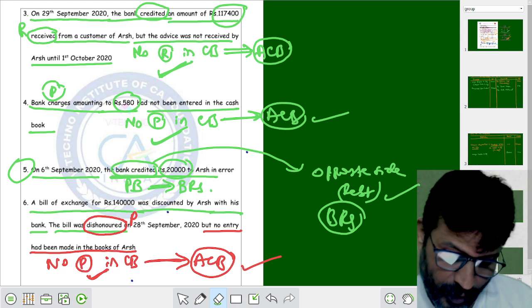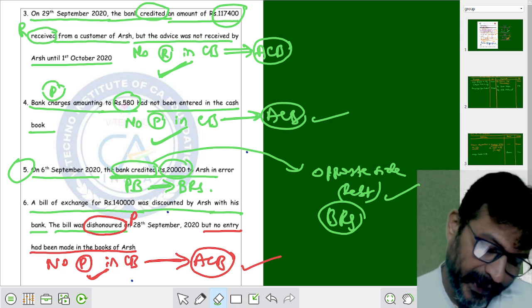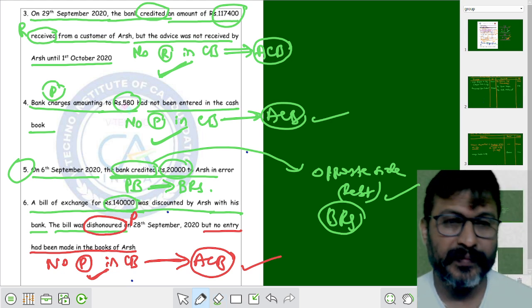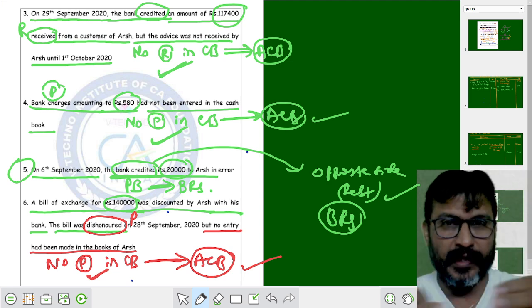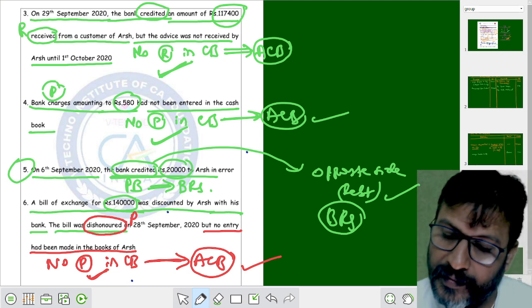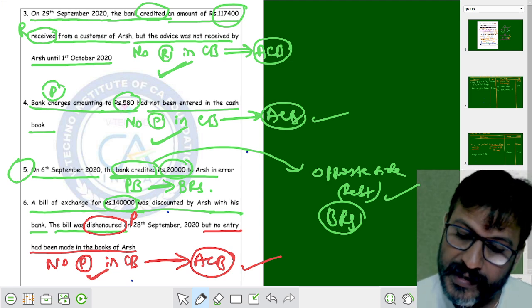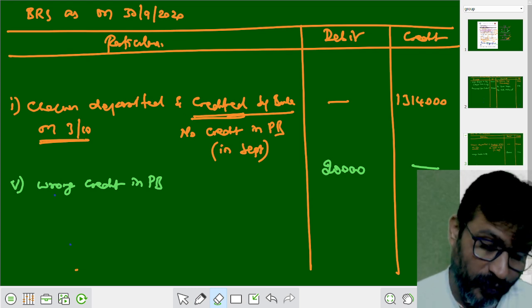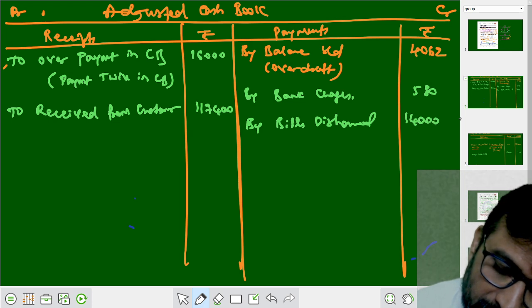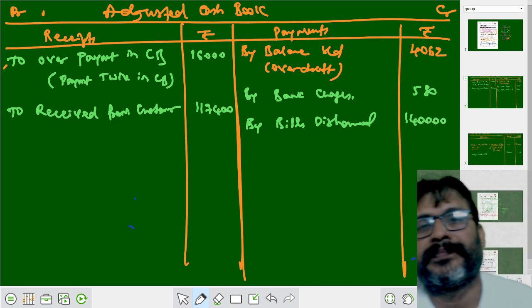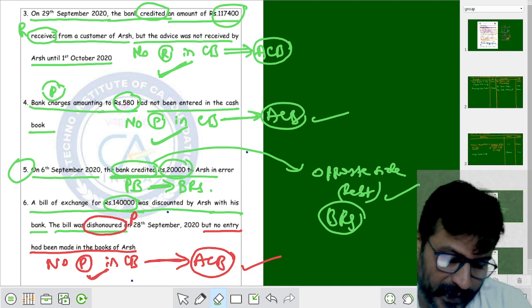How much amount do we have to take for the dishonor? It is 1,40,000. If there are any noting charges, we have to add them also, but noting charges are not given. Only 1,40,000 is given, so we take 1,40,000. Here, bills dishonored. I hope you got it. Alright, see the next one.